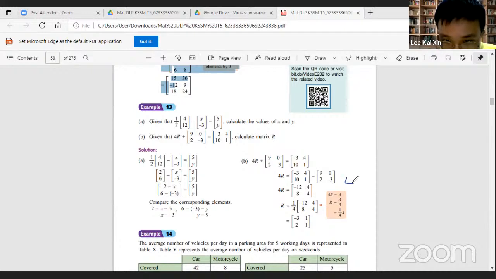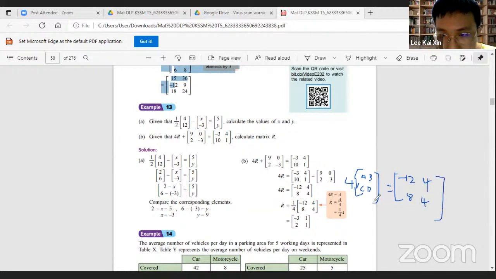I skip some steps, so we get 4R. That R, we assume R is A, B, C, and D. Then it equals to negative 12, 4, 8, and 4.